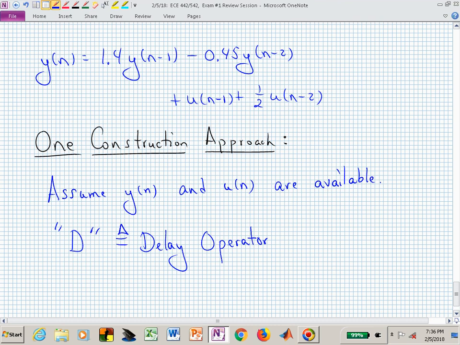Is that clear? To generate y of n minus 2, that has to have passed through two delay operators. Likewise for u of n minus 1 and u of n minus 2. So I'm going to pair up my u's and y's with the same arguments. I'm going to pair up u of n minus 1 with y of n minus 1, pass those through one delay, and the u of n minus 2 and y of n minus 2, I'm going to pass through two delays.